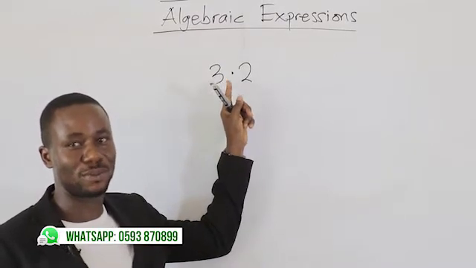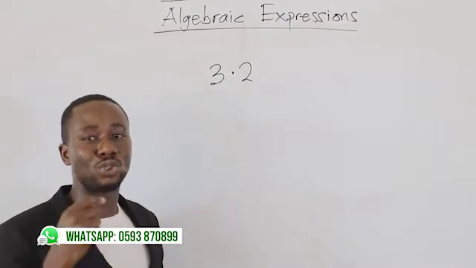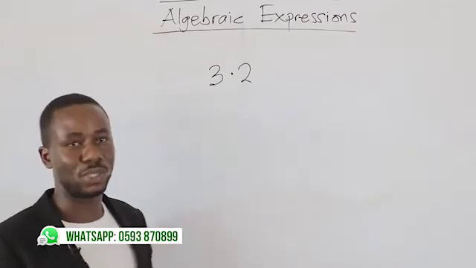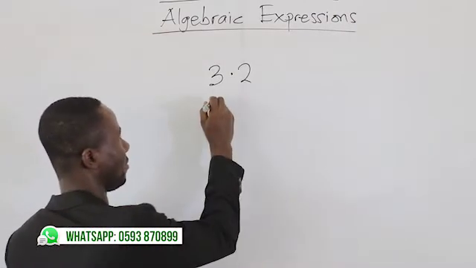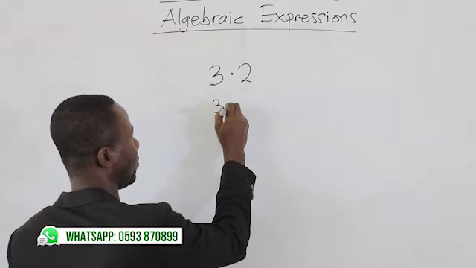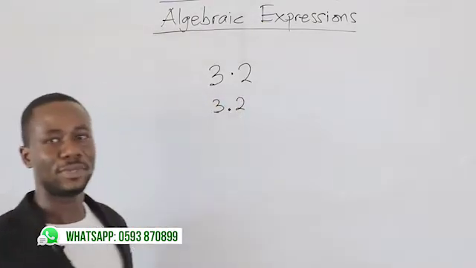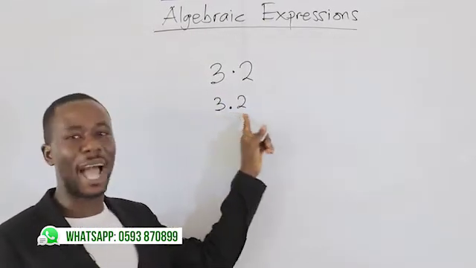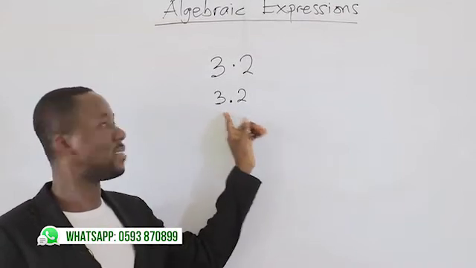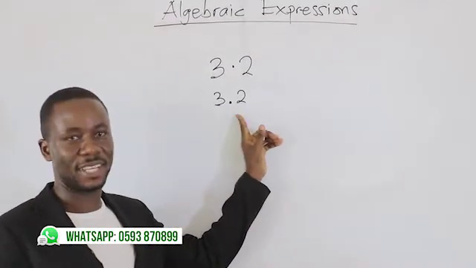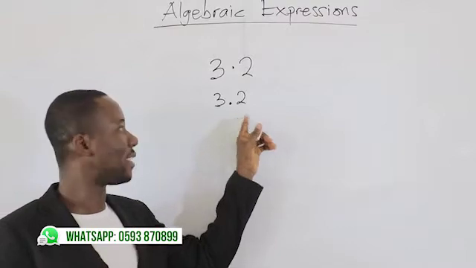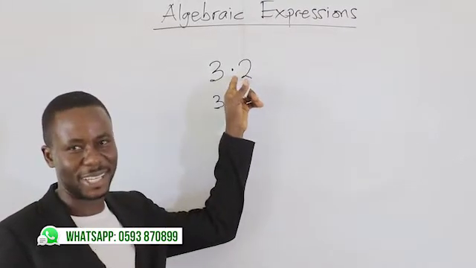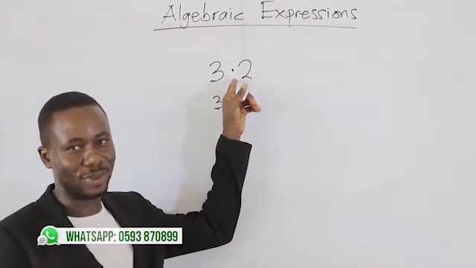What this one means is 3 times 2. So if you actually want to show a decimal fraction of 3.2, this is how it is written. You see the decimal point is in line with the base of the digits. This is a decimal fraction, but this one is telling us 3 times 2, the so-called dot product.